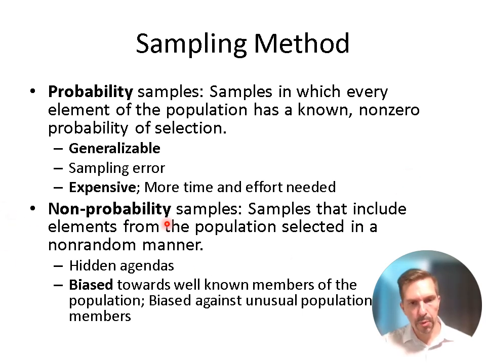Now, what is a non-probability sample? These are samples where we do not know a priori the odds or probability that any of the elements in the population will be chosen. This is usually done because it's inexpensive and quick. The downside is you cannot use inference. I mean, you can, but there is no solid ground that you're standing on to use any inferential tools like testing or confidence interval building.